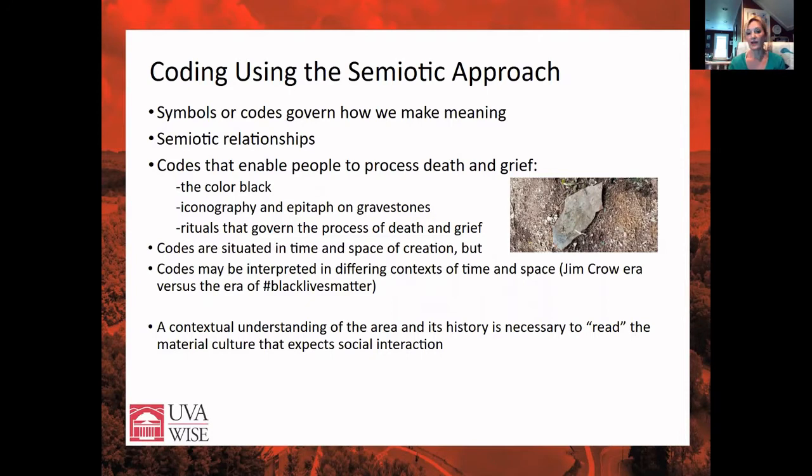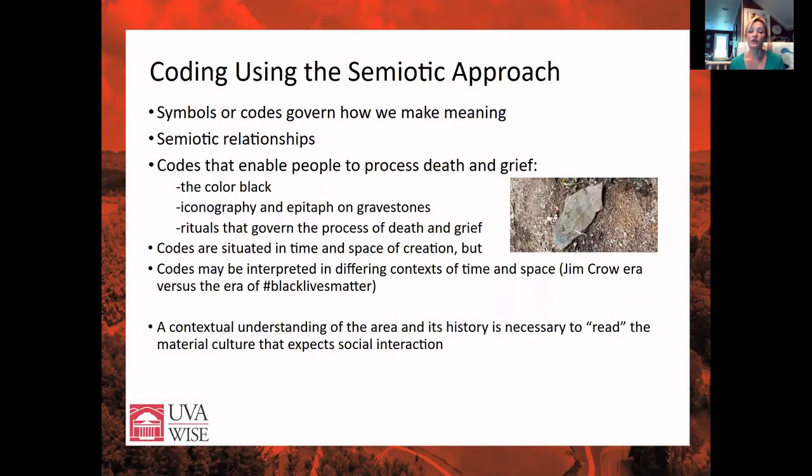And then when you add shape and order on top of that, you have these semiotic relationships. Codes enable us to process everything, but in the context of death and grief, remember we talked about the color black, for example, the iconography and epitaphs, the rituals, all factor into those particular codes.